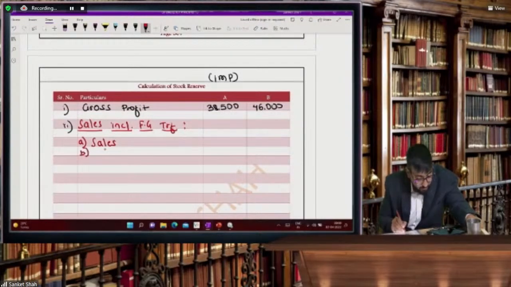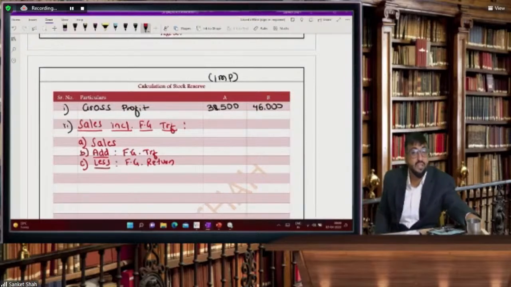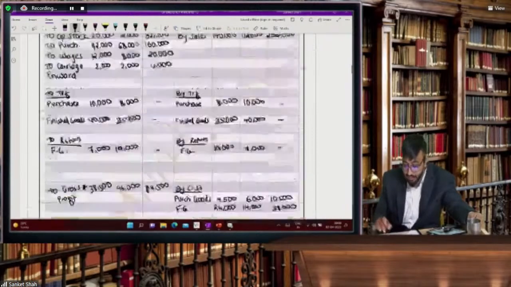Sales के बाद add finished goods transfer and less finished goods which are returned. So are you going to consider only sales while calculating the GP ratio, or finished goods also? Okay, so you got the format. GP upon sales, including finished goods transfer.